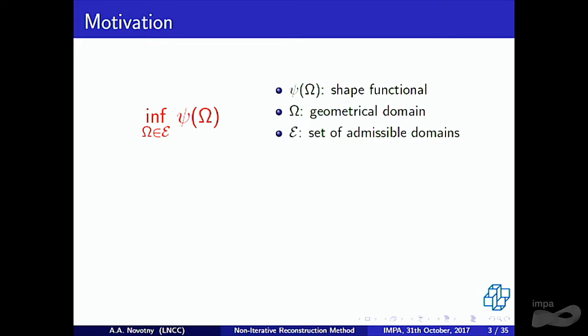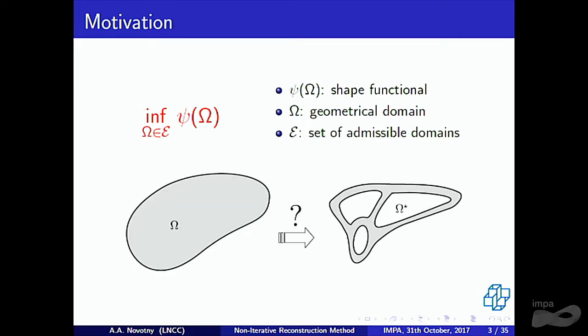And then we would like to minimize this shape functional with respect to omega, which belongs to a set of admissible domains. So the idea is the following. We have the original domain, and we would like to find the optimal domain by changing its shape and topology in order to reach some extreme of this functional.